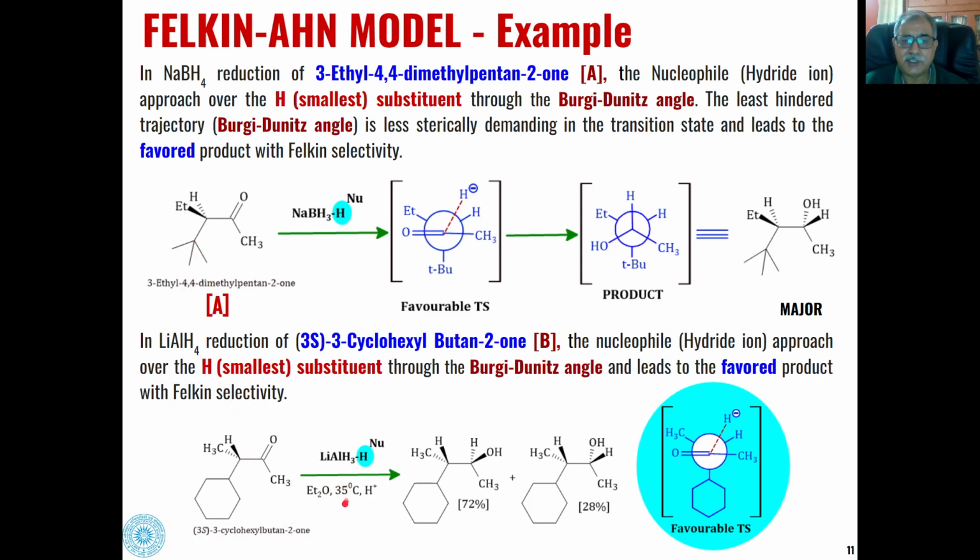Again in the favorable transition state, this bigger group will be perpendicular to the carbonyl, methyl is the medium group, and this hydrogen is the smallest group. The nucleophile will attack from the side of the smallest group, and this will lead to the formation of this anti product as the Felkin selectivity product.